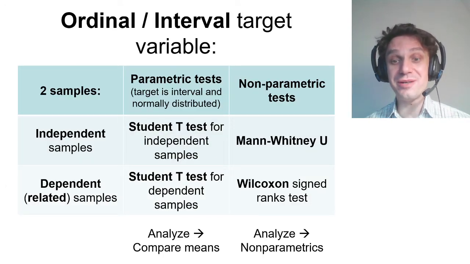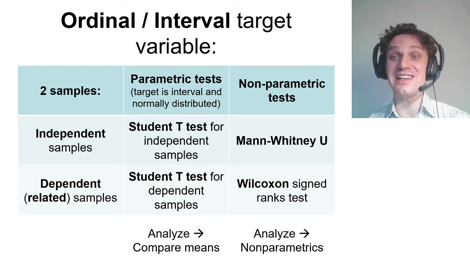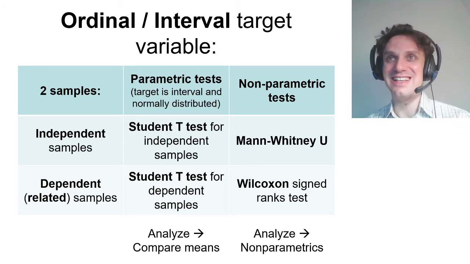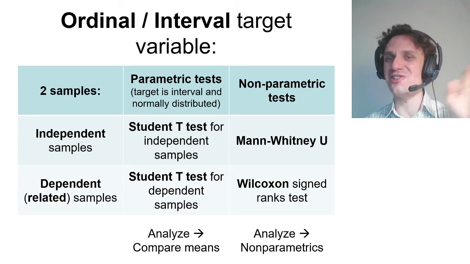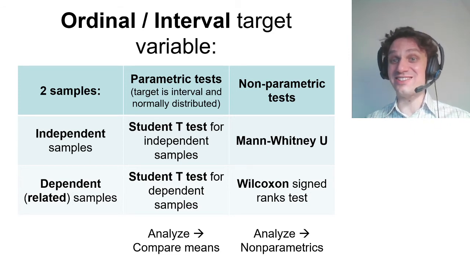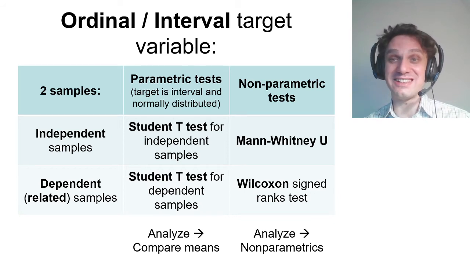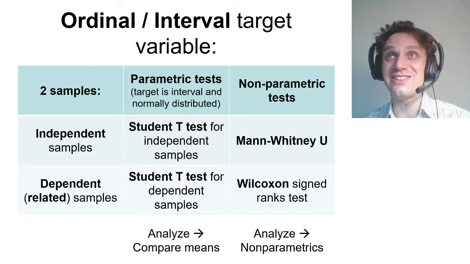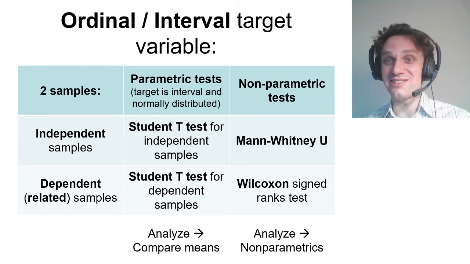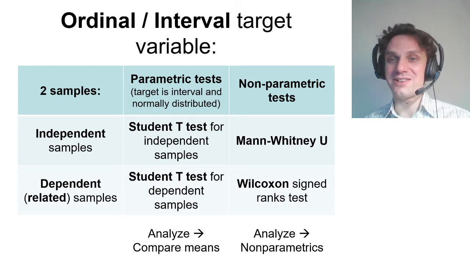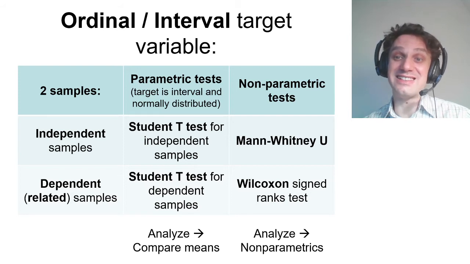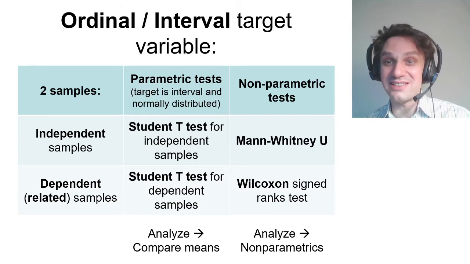A much more frequent situation, which you are going to encounter definitely in practice, whatever topic your master's dissertation is about, is comparing samples, comparing 2 groups on an ordinal or interval variable. For example, are anxiety scores the same in males and females?